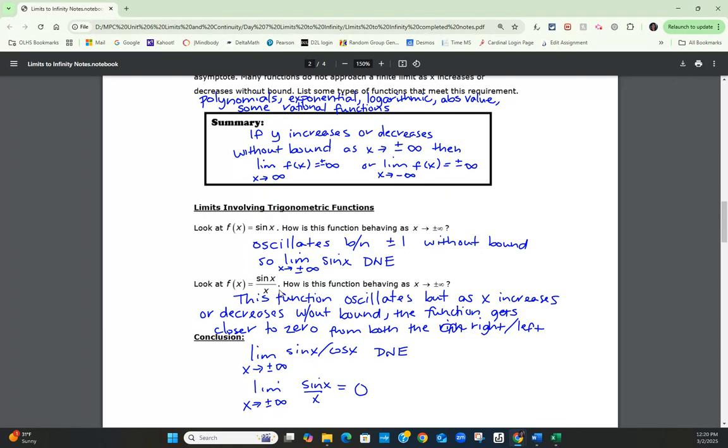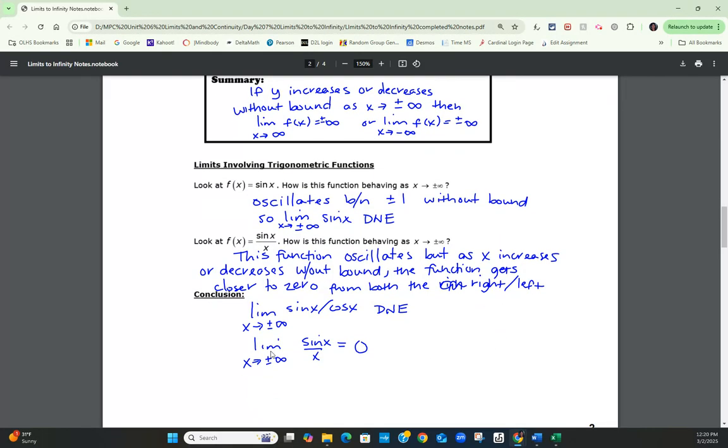How does it work when it's a limit to infinity? Now this function oscillates, but as x increases or decreases without bound, the function gets closer and closer to 0 from both the right and the left. So you're going to have to keep these straight now. The limit as x approaches 0 of sine x over x is 1, but the end behavior of that function is 0.